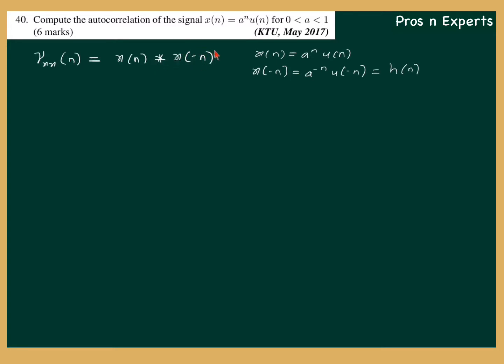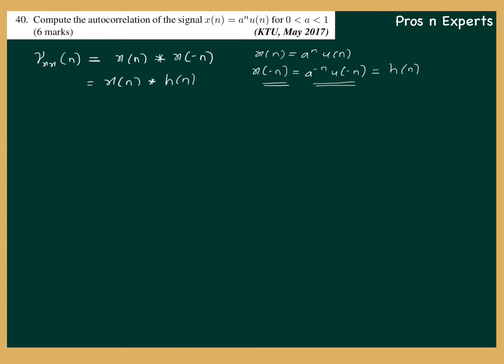That may lead to some confusion if you use x of minus n as such. So in order to avoid confusion, I am very simply renaming x of minus n as h of n. Right, so I can write autocorrelation as x of n convolution h of n, where h of n is nothing but x of minus n, which is a raised to minus n u of minus n.